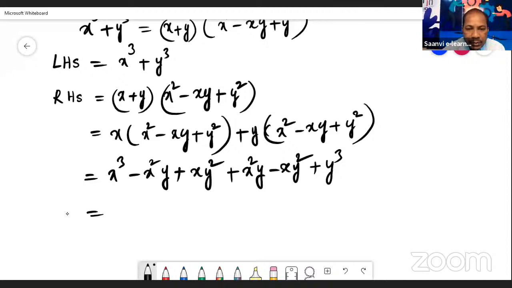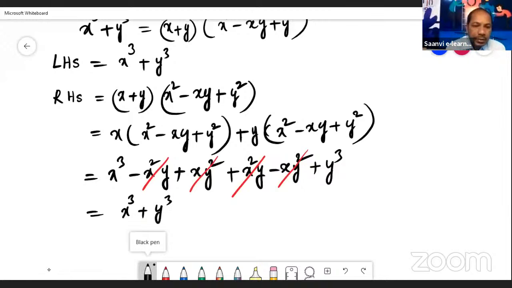Plus x square y and minus x square y get cancelled, and also plus xy square and minus xy square get cancelled. Okay. So now what is the remaining? Here x cube is there, here y cube is there: x cube plus y cube. So at last we have got x cube plus y cube.